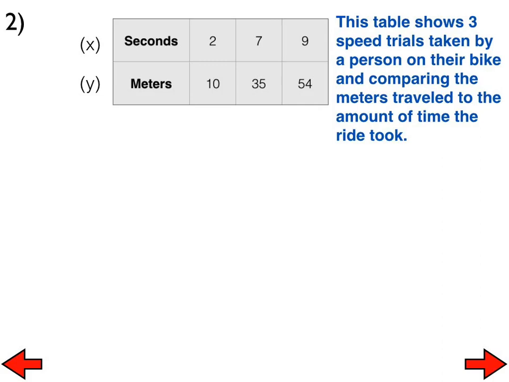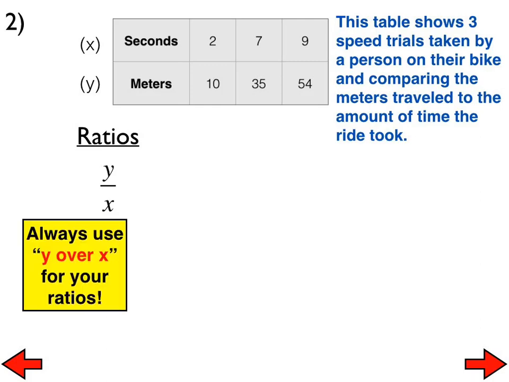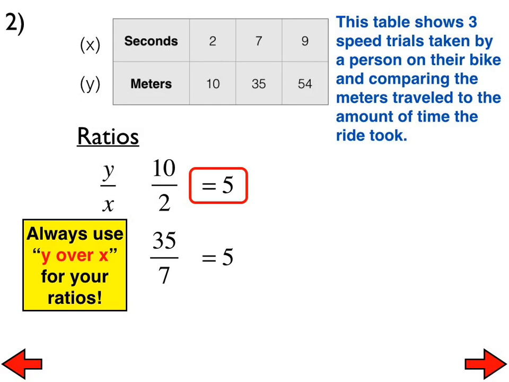So if we take a look at number 2, remember we are always comparing y over x, not x over y. We'll see why in a few lessons. So make sure that your ratios all are of that form. The first one, 10 over 2, simplifies to 5. Second one, 35 over 7, simplifies to 5.